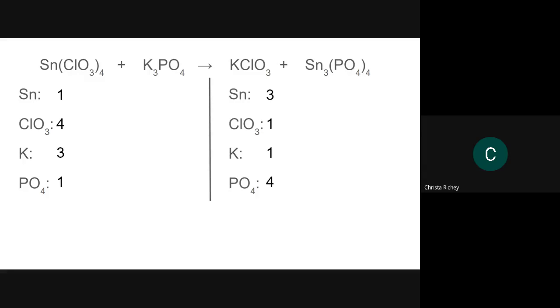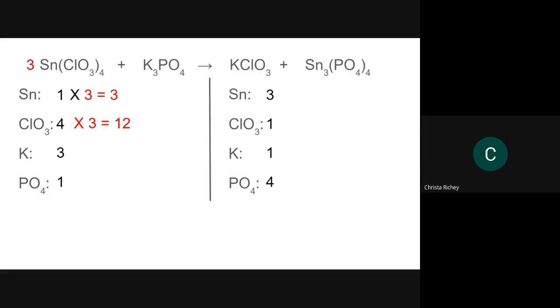What did we say? How do we make these equal? You got this part right when I was pointing at them. How do you make 1 and 3 equal to each other? We're going to multiply. Times 3 goes up here in front of the tin. You distribute to the chlorate. 3 times 4 is 12. I've got to double check. All right, 3 is equal to 3.